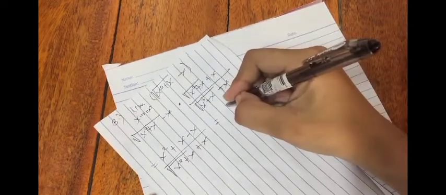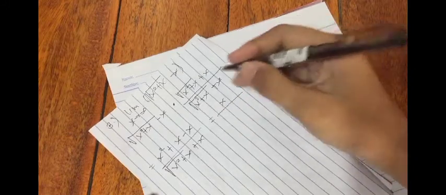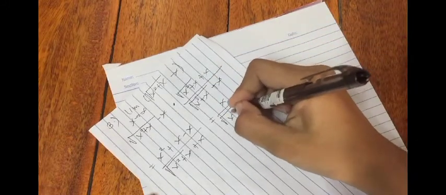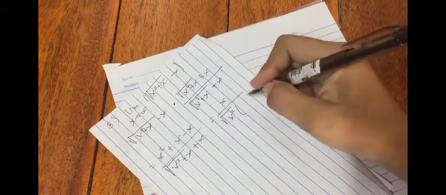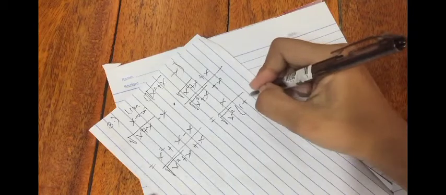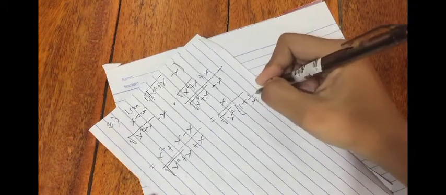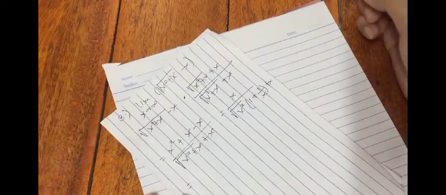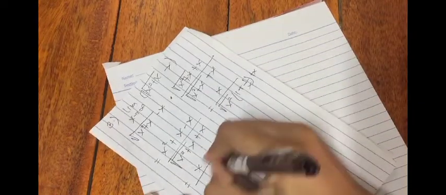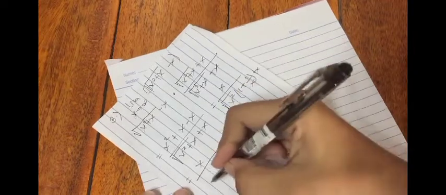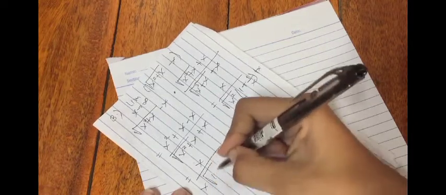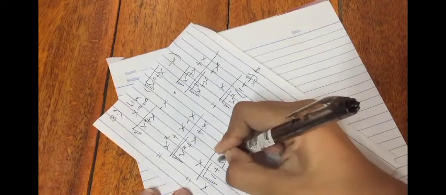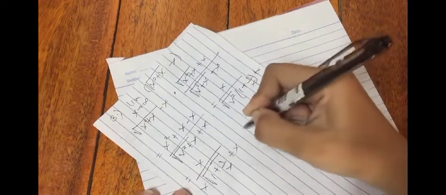Simplify natin, x all over x squared, pinactor out ko lang, 1 plus 1 over x plus x. So, pag nilabas ulit natin yung x, x times 1 plus 1 over x plus x.